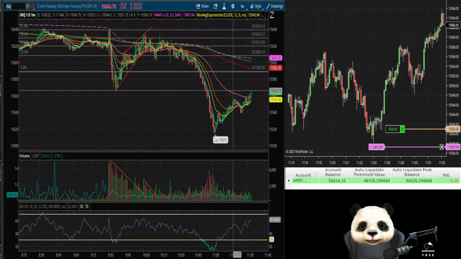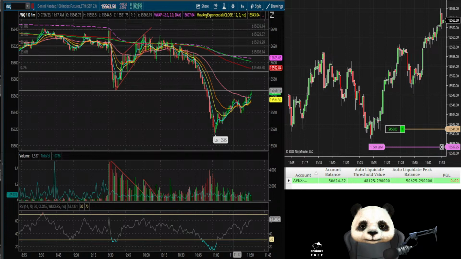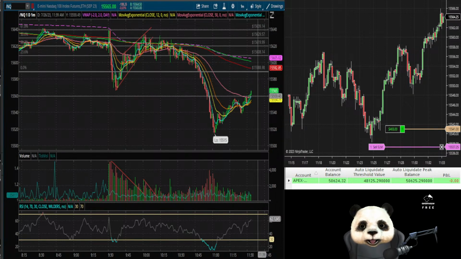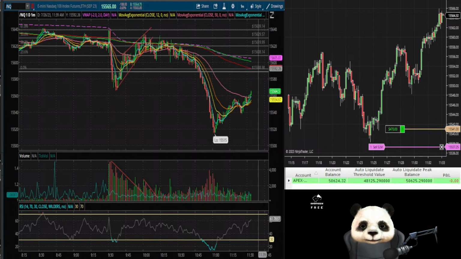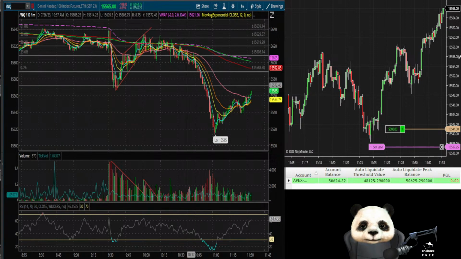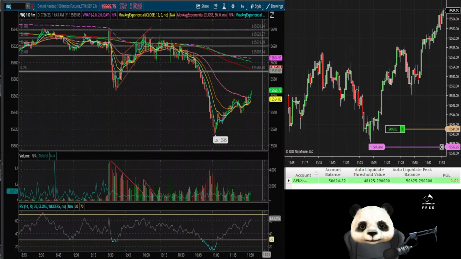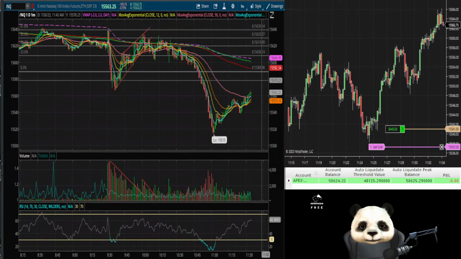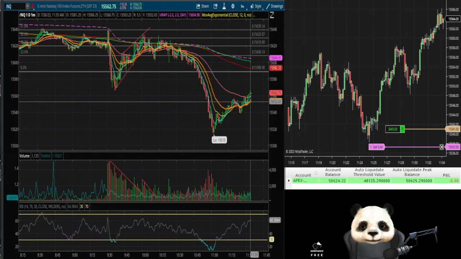So, I mean, if I had more than one contract here, I'd be taking some profit. But being back above these EMAs that we are, pretty dang comfortable. Pretty dang comfortable for at least an 88 touch.